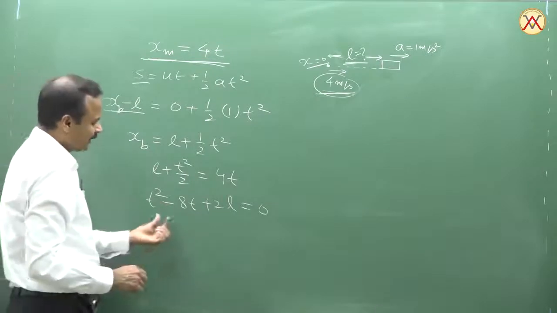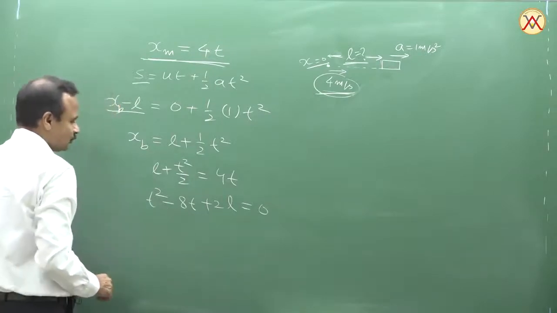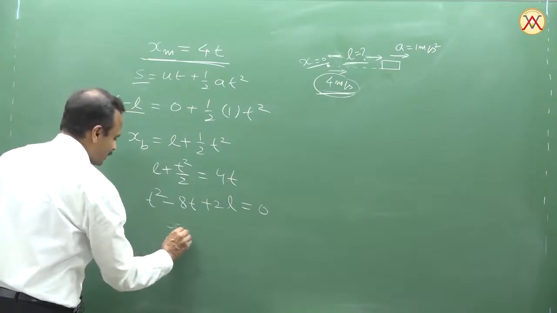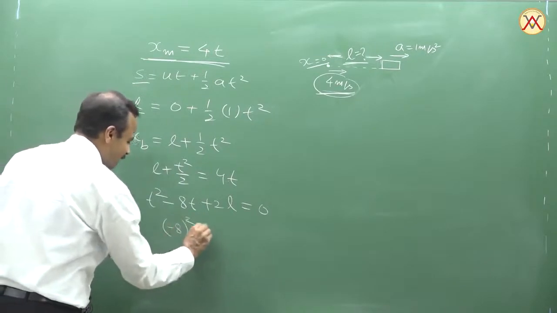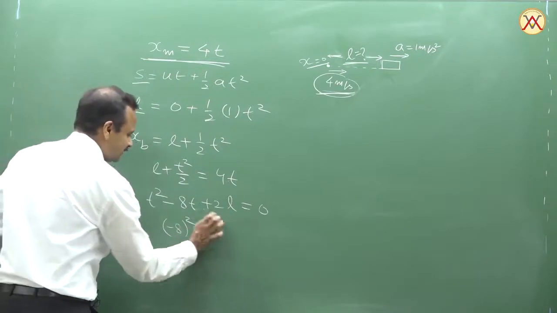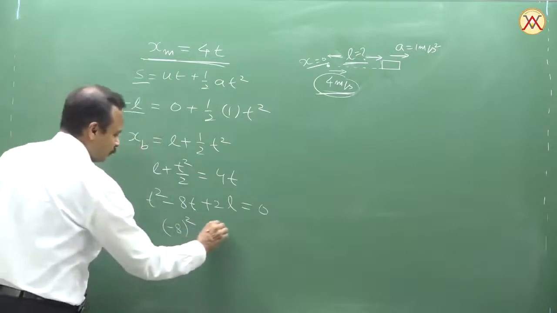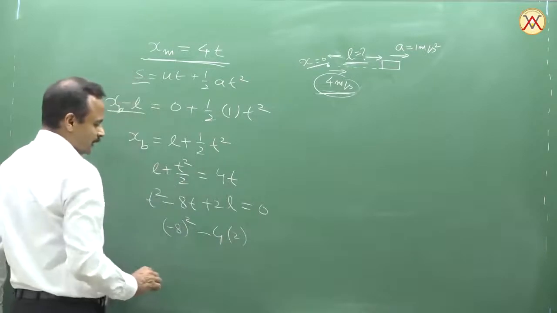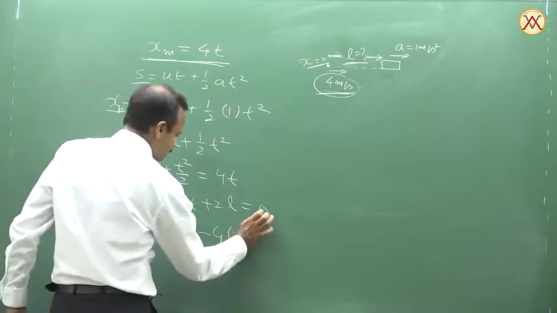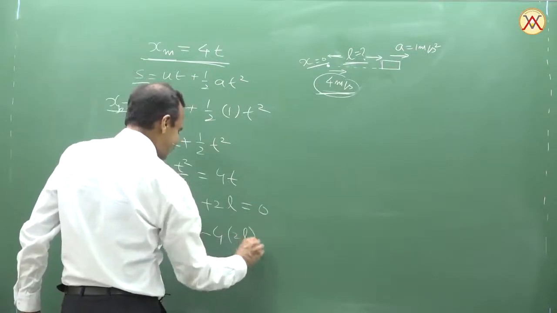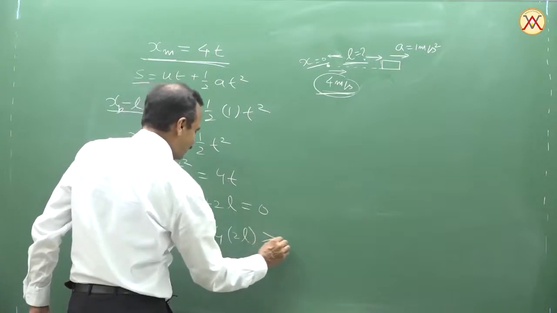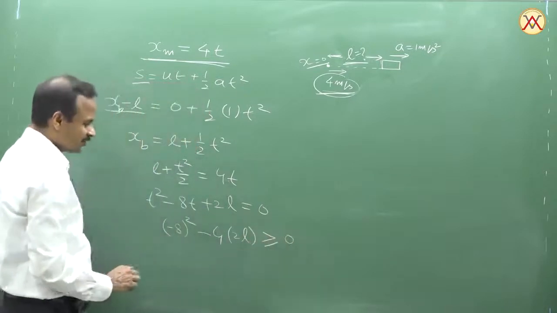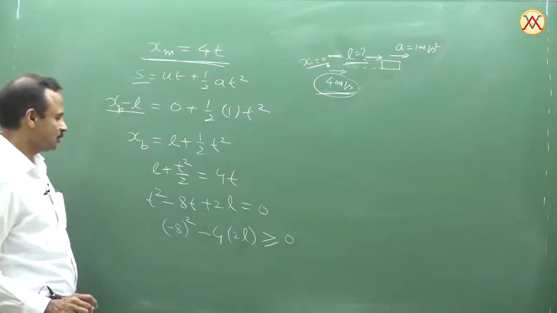So, what is the discriminant? Discriminant is b squared minus 4ac. b squared is minus 8 squared, minus 4 times a, which is 1, times c, which is 2L. We want this discriminant to be greater than or equal to 0.